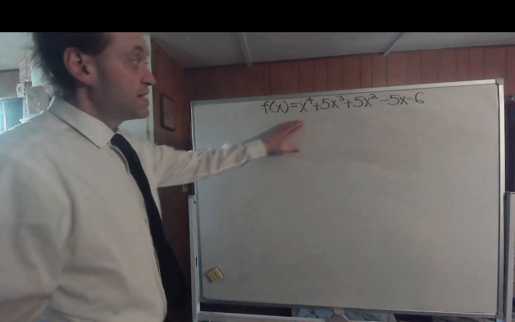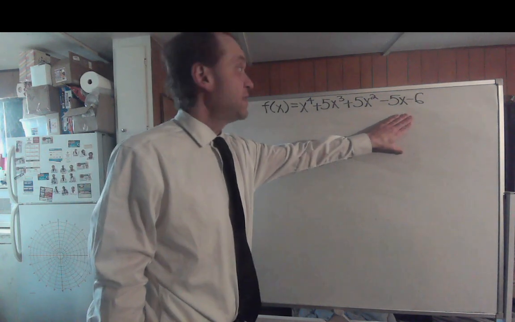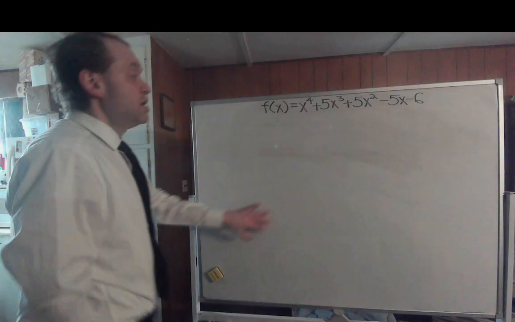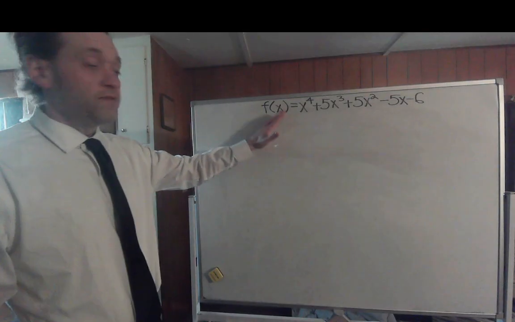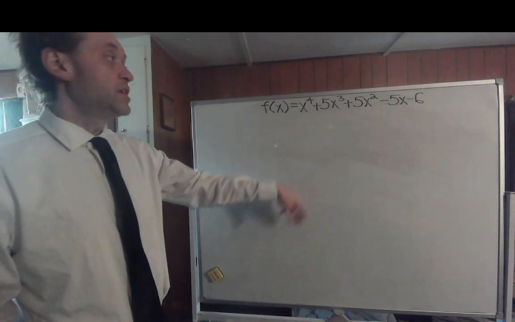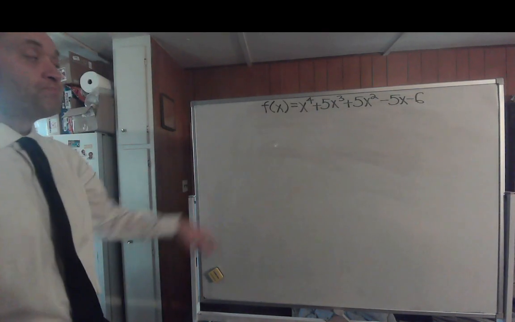So we have x to the 4th plus 5x to the 3rd plus 5x squared minus 5x minus 6. So we want to find every x value for where the function equals 0. So basically you would just take what f of x is, set all that equal to 0.